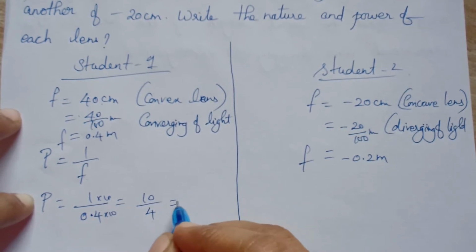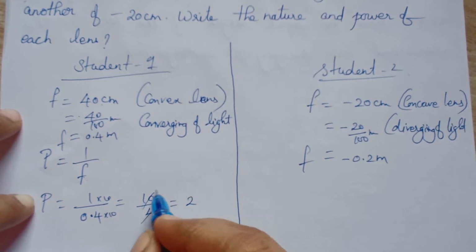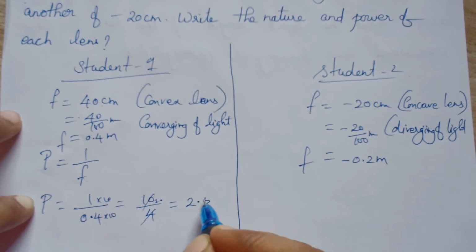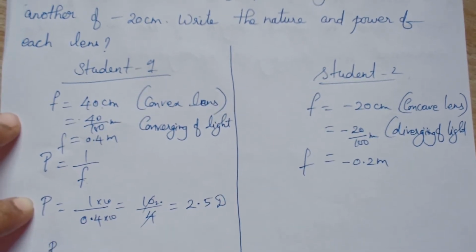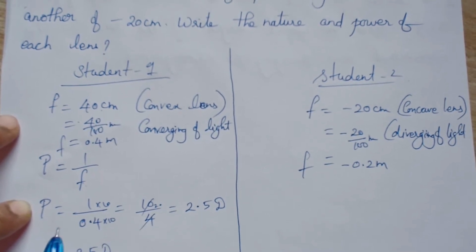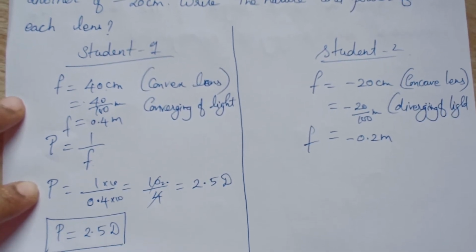That is equal to how many times? 2 times, remainder 2, point, 0, 2.5. 2.5 D. Okay, power is equal to 2.5 D. The plus symbol shows that it is a convex lens with converging of light rays.